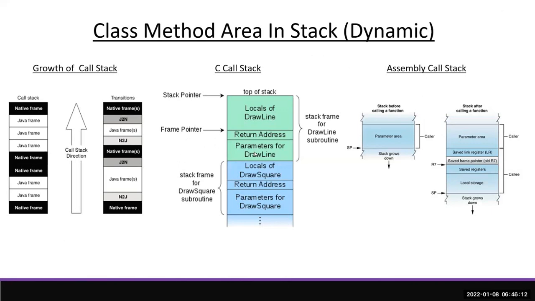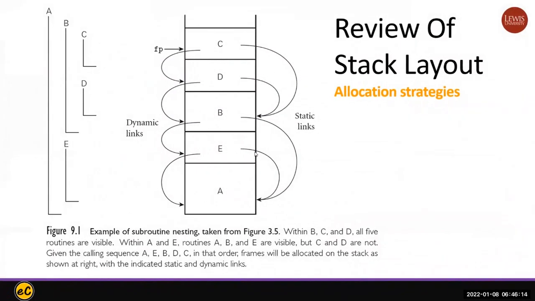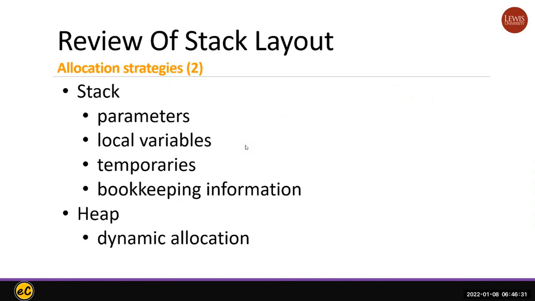In the call stack you will have static linking or dynamic linking across the stack call frames, and this depends on the language. That's what we call deep binding or shallow binding. Python is using deep binding. So a stack may have parameters, local variables, temporaries, and some bookkeeping information.